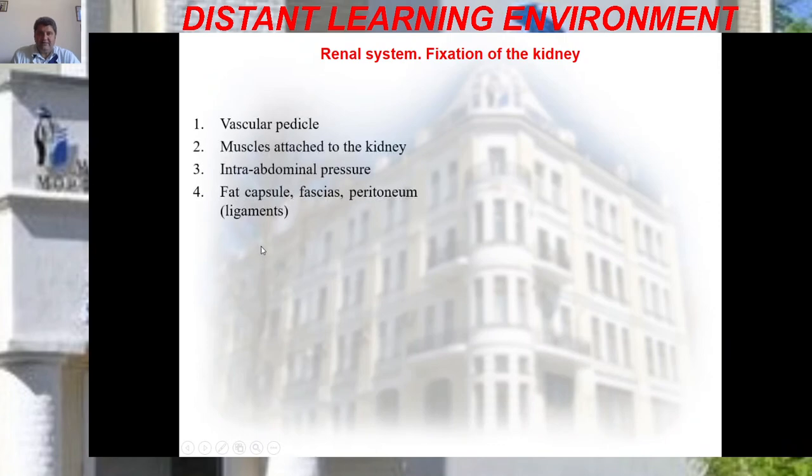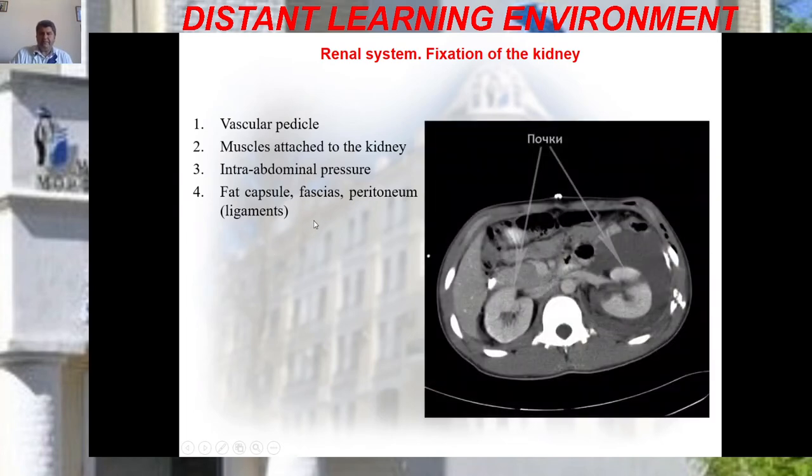Next, let's repeat vascular pedicle, renal artery and vein, muscles attached to the kidney, intra-abdominal pressure, as I told you, and also fat capsule, fascias and peritoneum. You may see the kidneys on this X-ray investigation here in actual section.